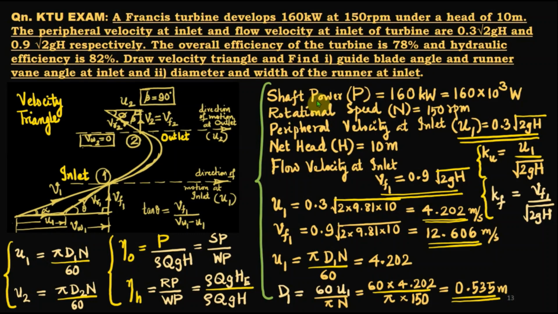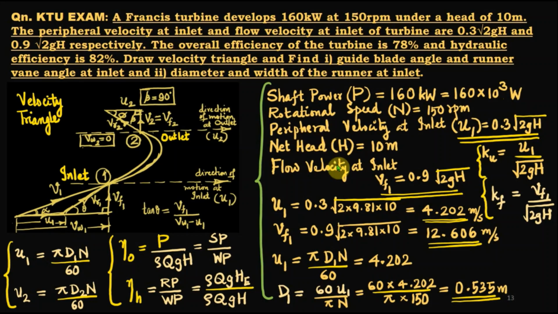Here is the given data: the shaft power, denoted by capital letter P, is equal to 160 kilowatt, that is 160 into 10 to the power of 3 watts. The rotational speed of the runner is 150 rpm, that is N is equal to 150 rpm. And the peripheral velocity at inlet means the tangential velocity of the runner at inlet, that is u1.